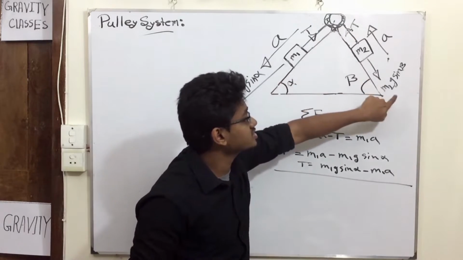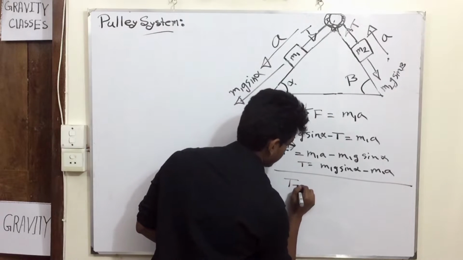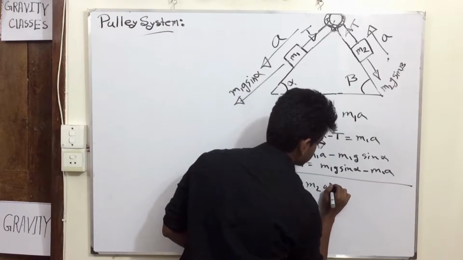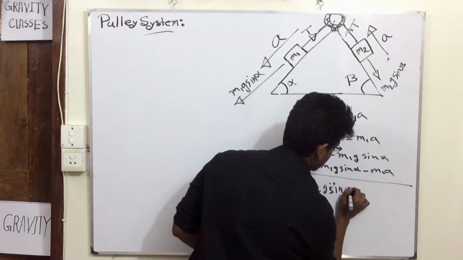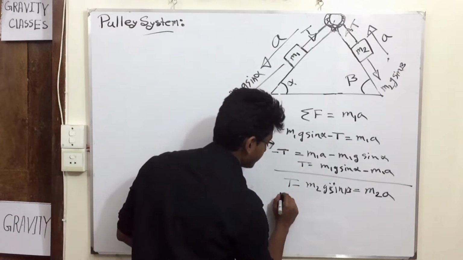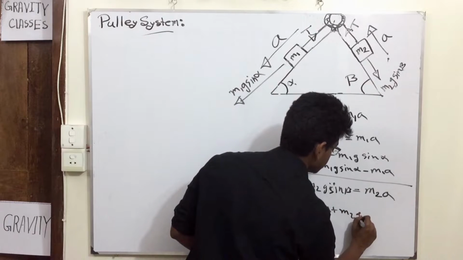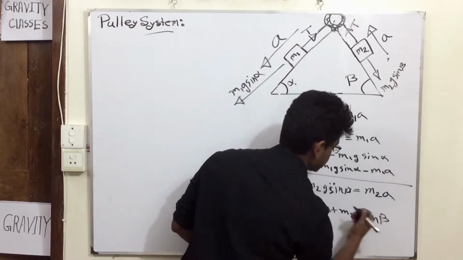So tension would be greater than M2G sine beta. So tension minus M2G sine beta would be equals to M2A. We're going to extract the value of T from here. T equals M2A plus M2G sine beta.